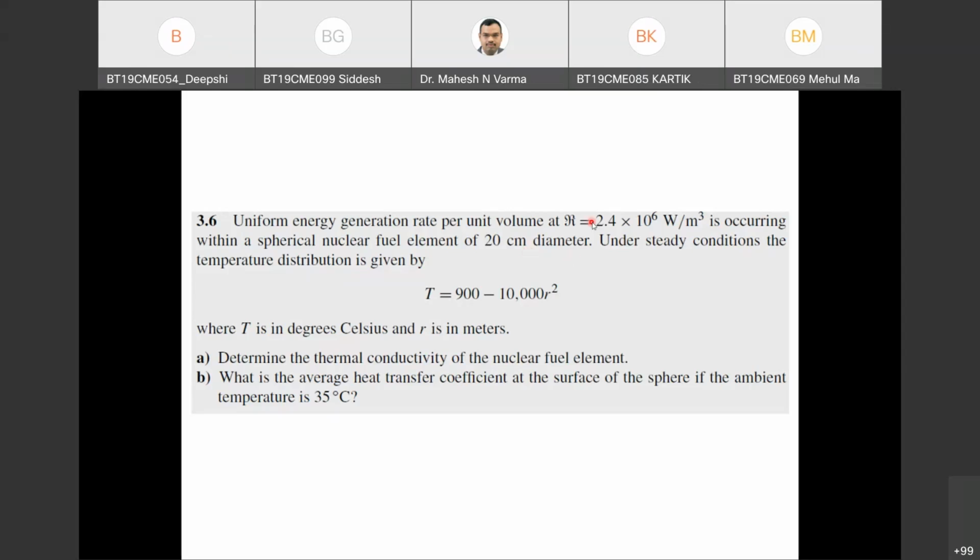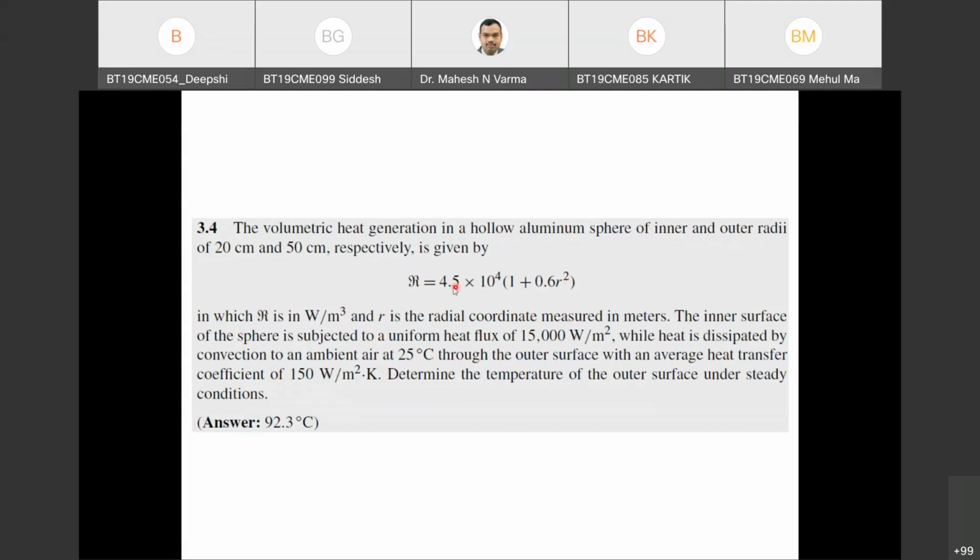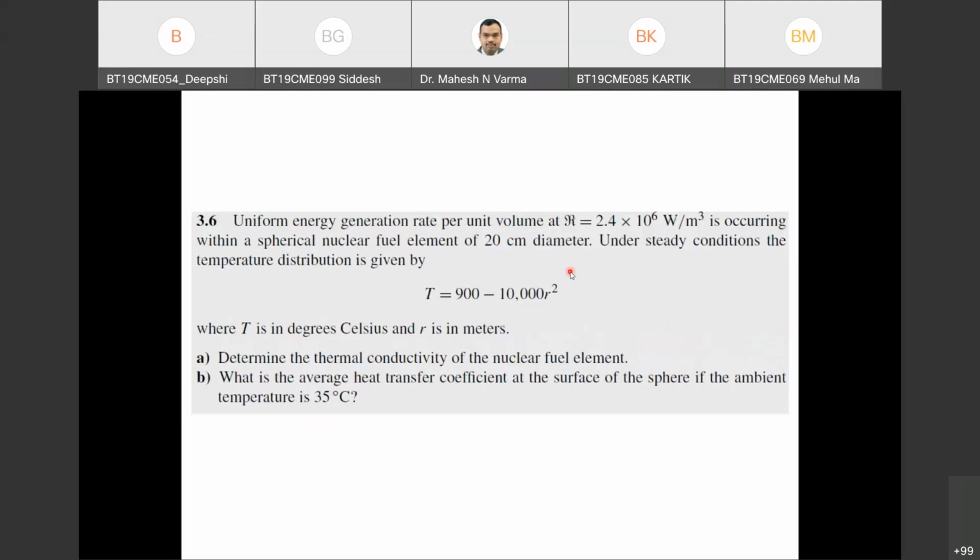No, no. There it was given that G was varying with R. G is a function of R. Here I cannot straight away take the volume because volume is changing with R. But in this problem, it is given G is watt per meter cube for this spherical element. G is equal to K into d2T by dy square.